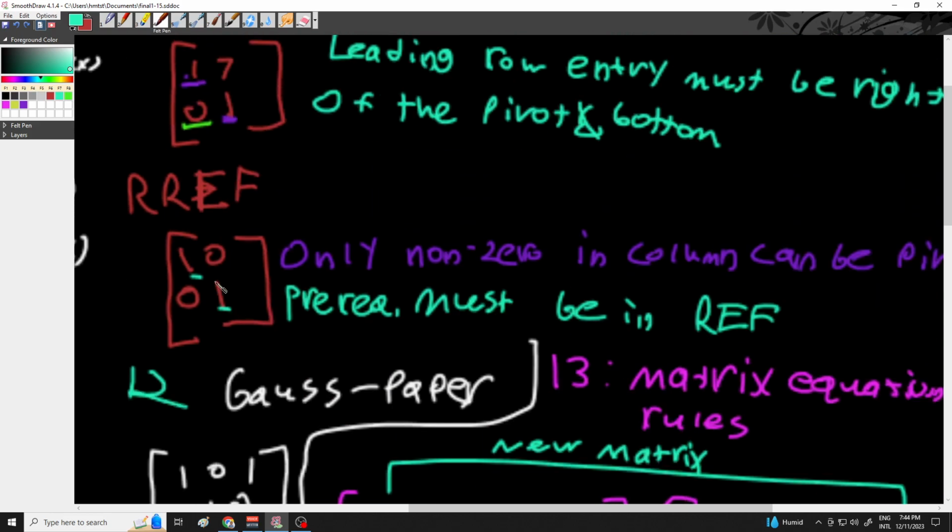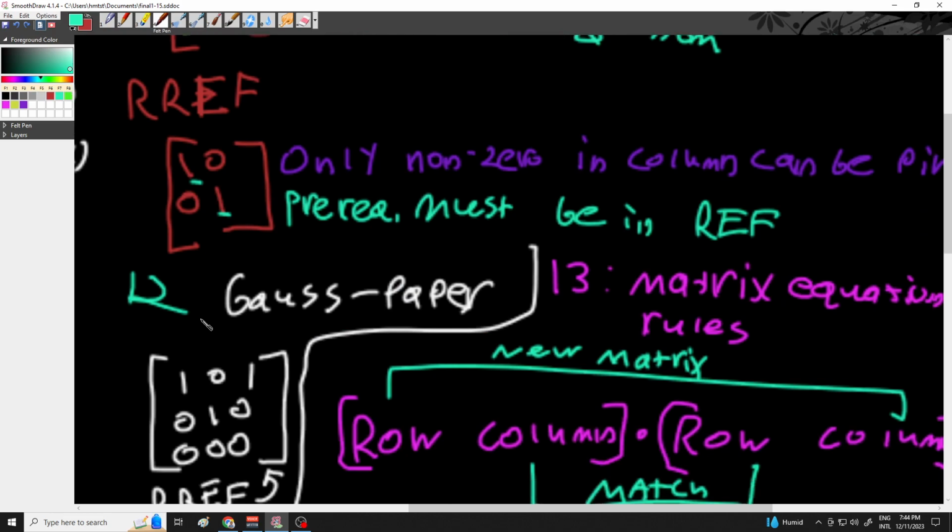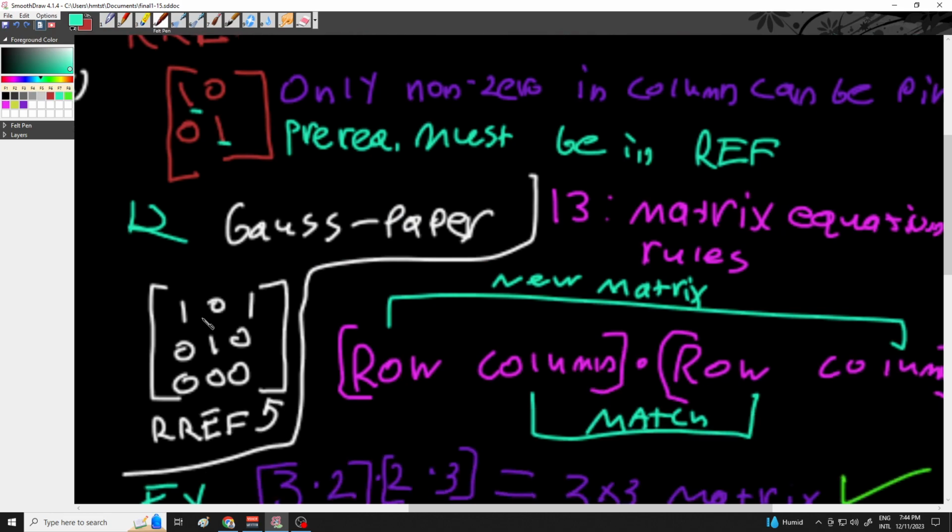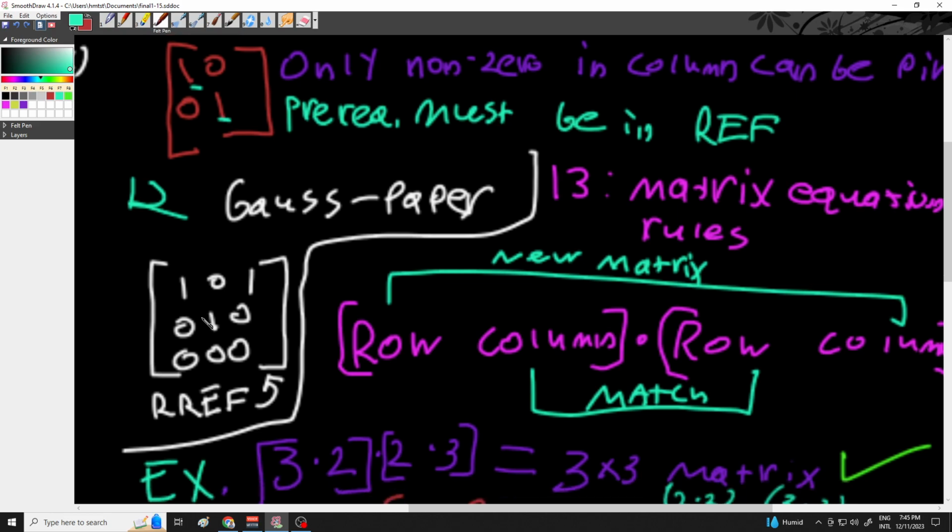12 is literally just this, except it lists out a few more details. Only non-zero can be a pivot in the column. Oh, that's reading out from a different one. I gotta check what the reasons were. If you get a row of all zeros, you made a mistake, the variable is associated with 0, or it's just not a real solution.